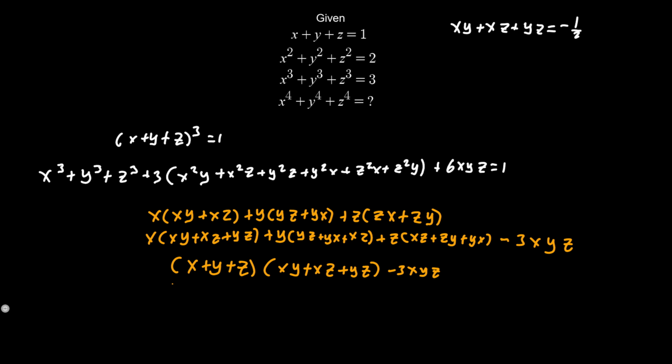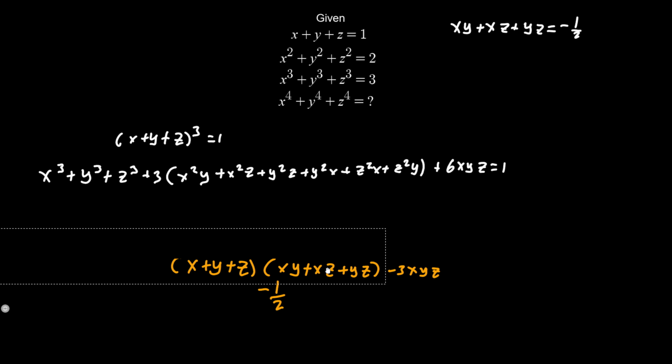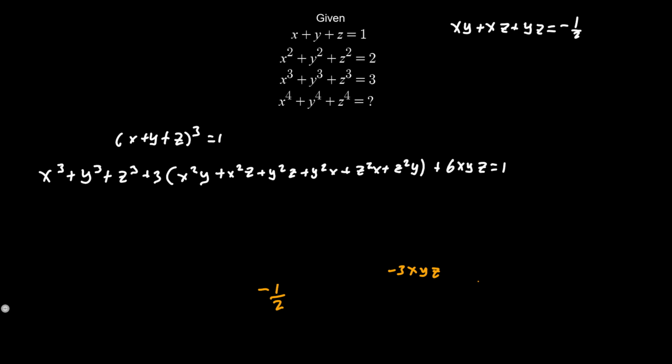So we already know x + y + z and the pairs of x, y, and z. We could replace this with 1 times negative 1/2, which will just be negative 1/2. So we could replace everything inside the parentheses with just this expression.